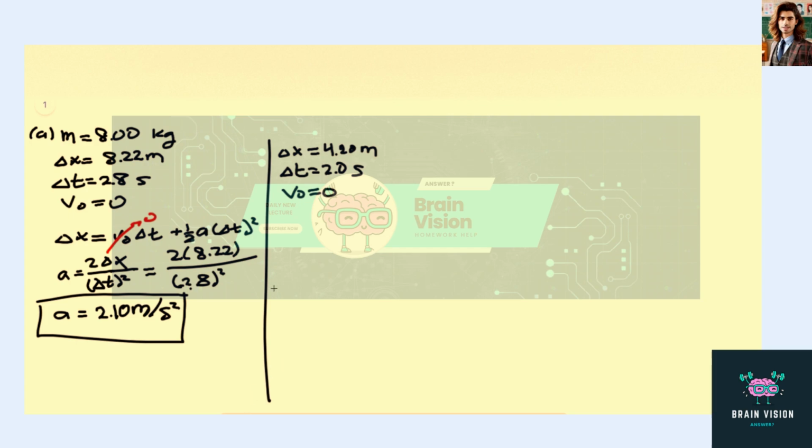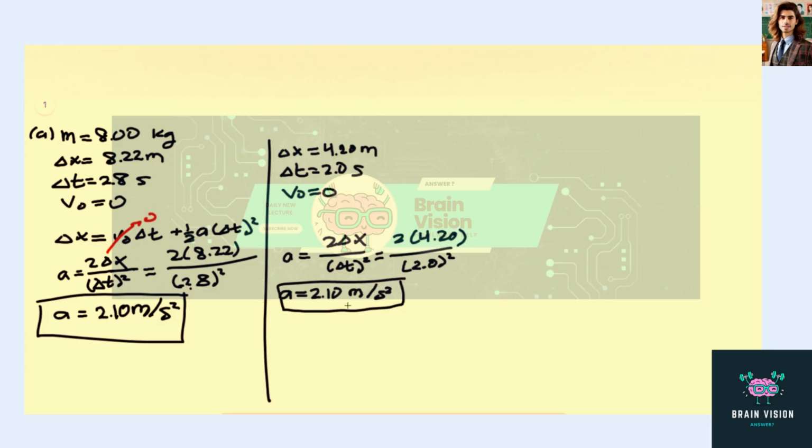We just use the same equation, so let's skip ahead to that step. 2 delta x over delta t squared, plug in numbers, and see that we suspiciously get an identical value of acceleration.